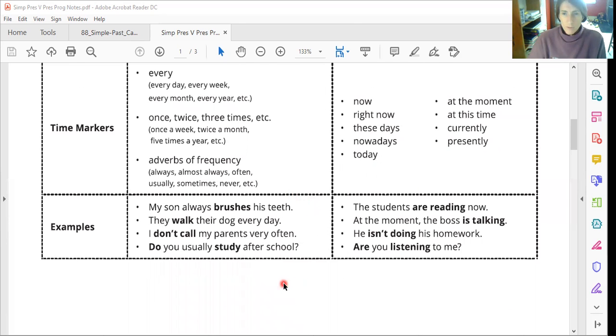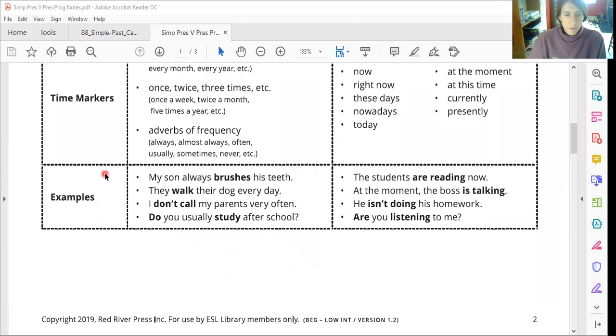Here are some example sentences. Simple sentence, we see my son always brushes his teeth. Your subject is my son. You have a frequency adverb, which is always. Then your main verb in simple present, brushes his teeth. This is the object.